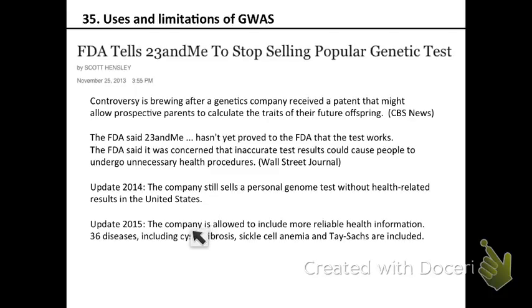But then in 2015, the FDA said, okay, now we have some information for about 30 or 40 SNPs that are reliable. Then you can take those SNPs and now provide health information for that. Some examples of those reliable SNPs are cystic fibrosis, sickle cell anemia, and Tay-Sachs, etc., right? These are diseases that we know are very well studied.